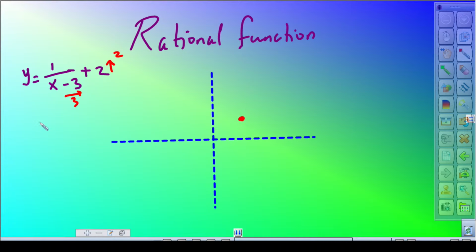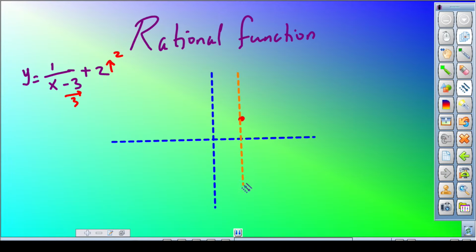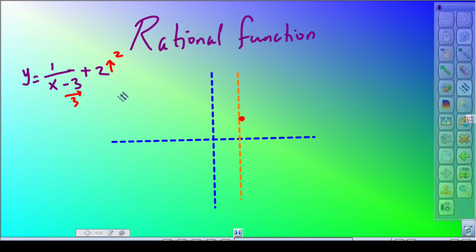Okay, what about my asymptotes? Well, look again at exactly 3, you will have a vertical asymptote. So I'm going to come here and choose the vertical asymptote. That's 3. Just like that. How about the horizontal asymptote, sideways?